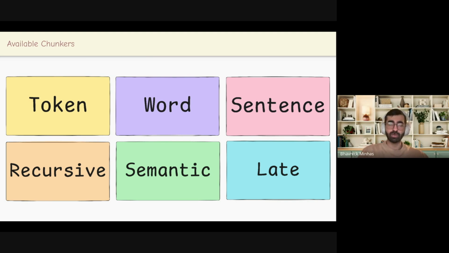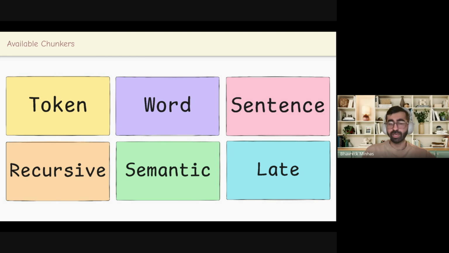It splits and then merges, working very similar to merge sort. It splits first and then merges to make chunks of equivalent token sizes. This is a very good go-to default. If you're trying out chunking for the first time, it's a good idea to go with recursive first.